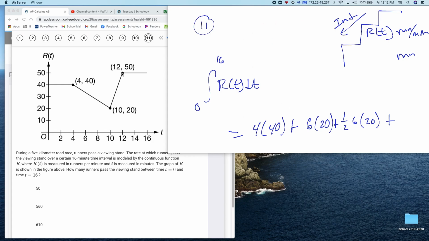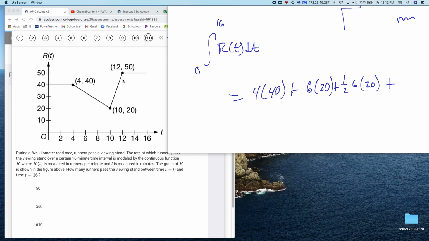Plus, now I got to split this one right here into a rectangle and a triangle above it. So I would do 2 times 20 plus this triangle, 1/2 times 2 times 30, plus, now I'm going to do this last one, a rectangle here, which is 4 by 50.